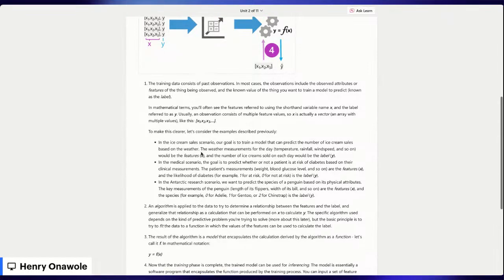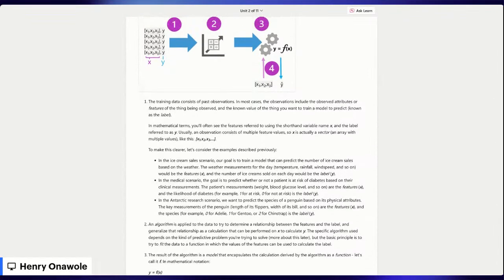Okay, this is exactly what I was saying. The training data consists of past observation in most cases. The observation includes the observed attributes or features of the thing being observed and the known value of the thing you want to train a model to predict, known as the label. That is exactly what I just said now.